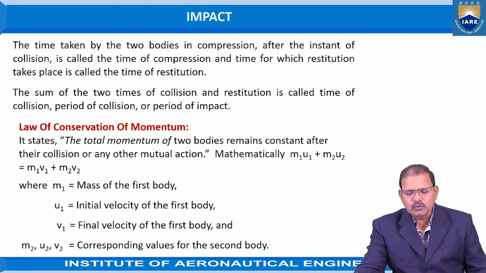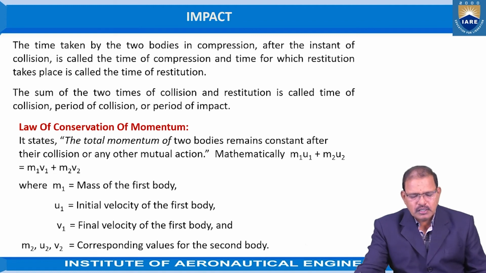The time taken by the two bodies in compression after the instant of collision is called the time of compression, and the time for which restitution takes place is called the time of restitution. The sum of the two times is called the time of collision, or period of collision, or period of impact.